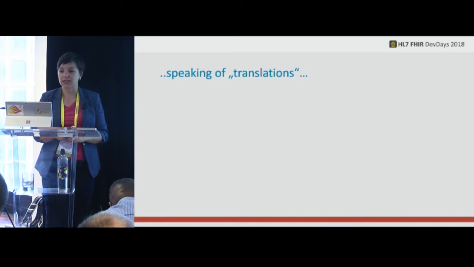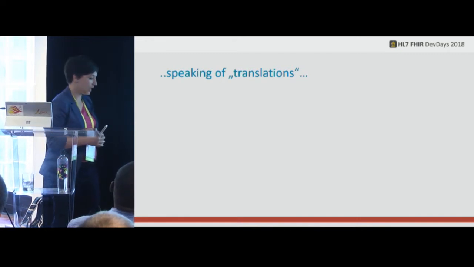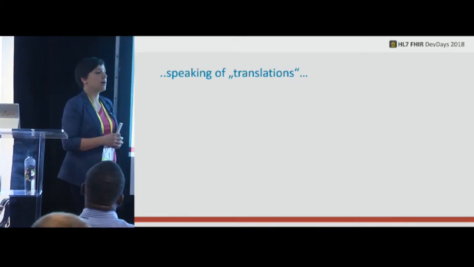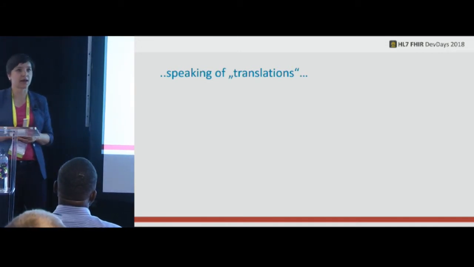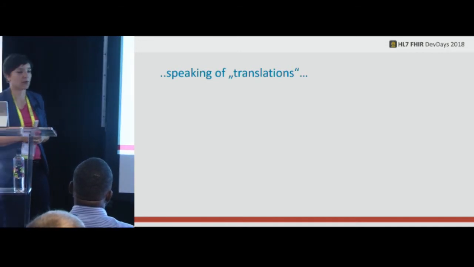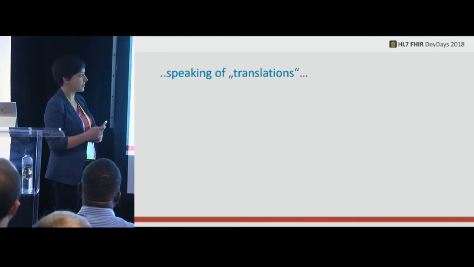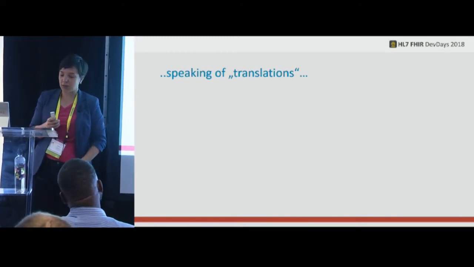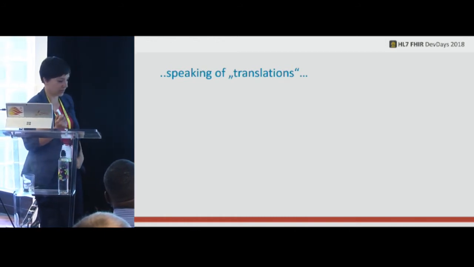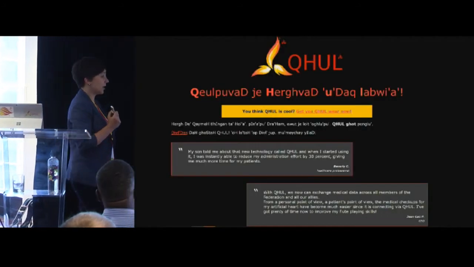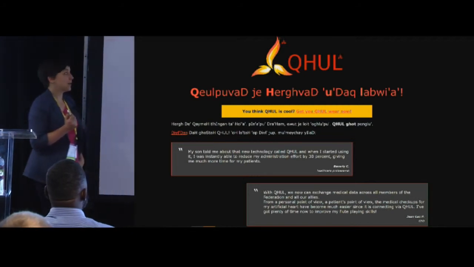So speaking of translations, there's one final note. The FHIR community attracts a certain kind of people that have an appreciation for nerd culture, I would like to say. So it was only a matter of time until a translation of the FHIR specification appeared in Klingon.